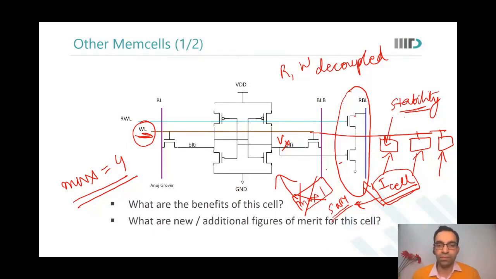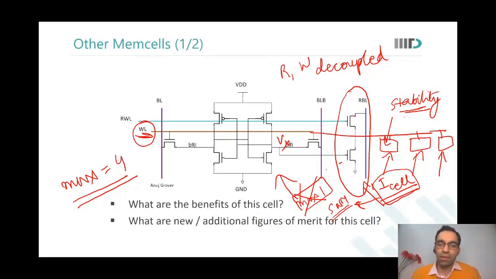Sir, can you once again explain this 8T cell concept that you told? Okay, in this particular cell, what determines the cell current? The pull down in the read network. Not just the pull down, the stack of the two NMOSes connecting RBL to ground.